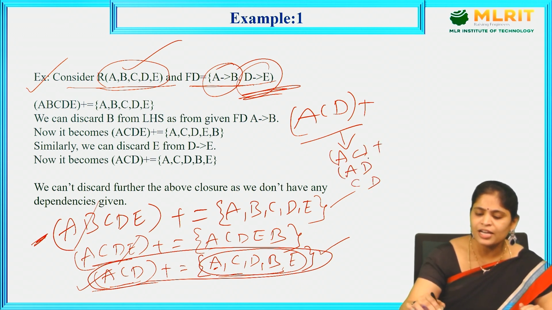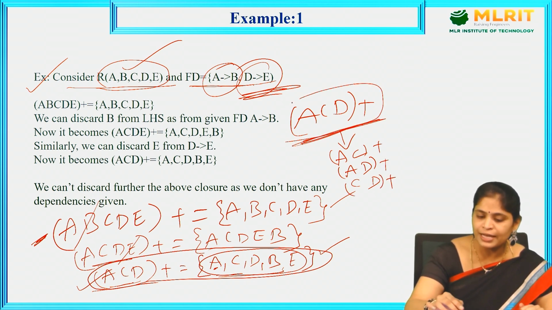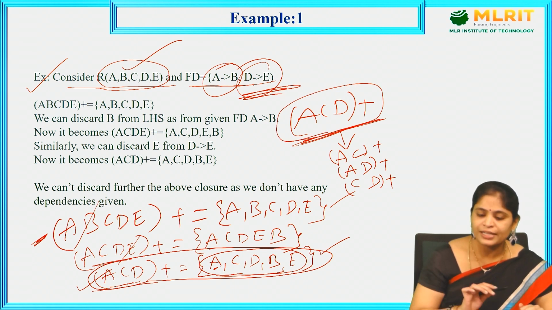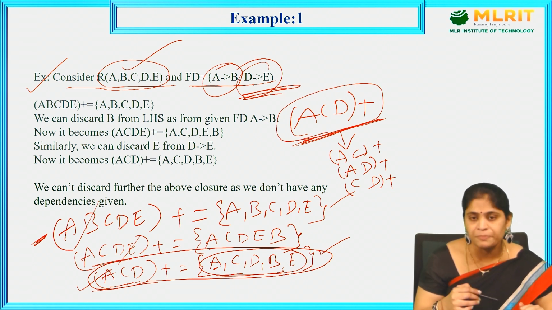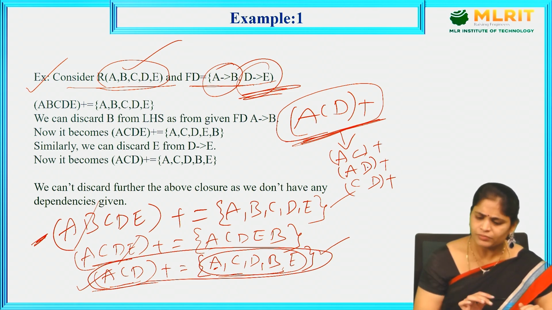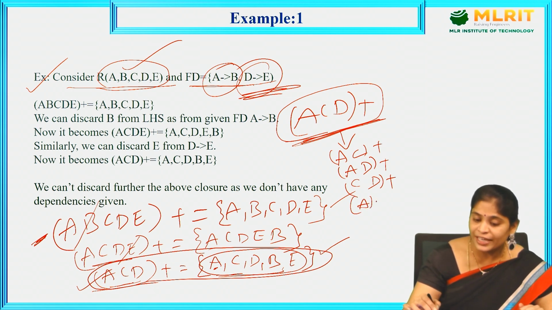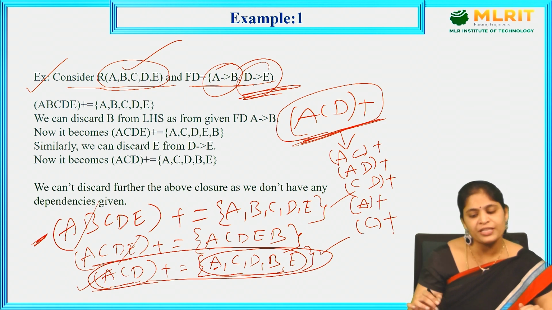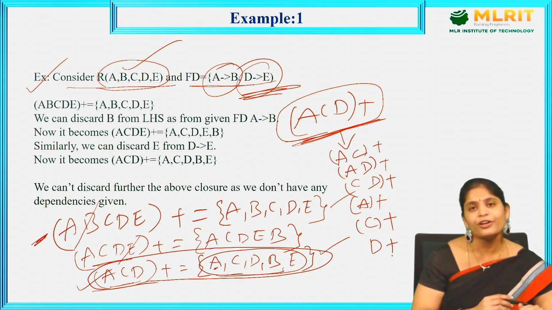These are the proper subsets of ACD. Next, A is a proper subset of ACD, C is a proper subset of ACD, and D is also a proper subset of ACD.